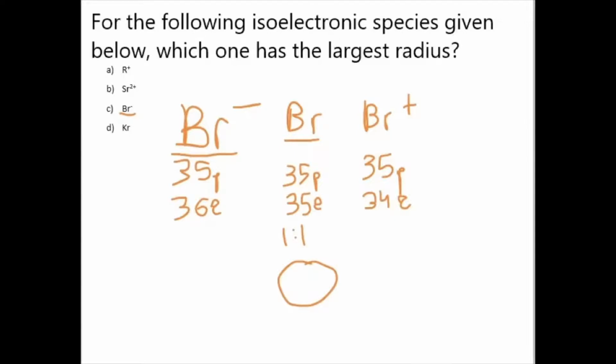Because now, instead of there being an equal pool of protons to electrons, protons pulling the electrons in, there's now a decreased amount of pull from the protons because now they have to deal with one more electron. So it actually makes it a little bit bigger because now we have more electrons having to be pulled by these protons.